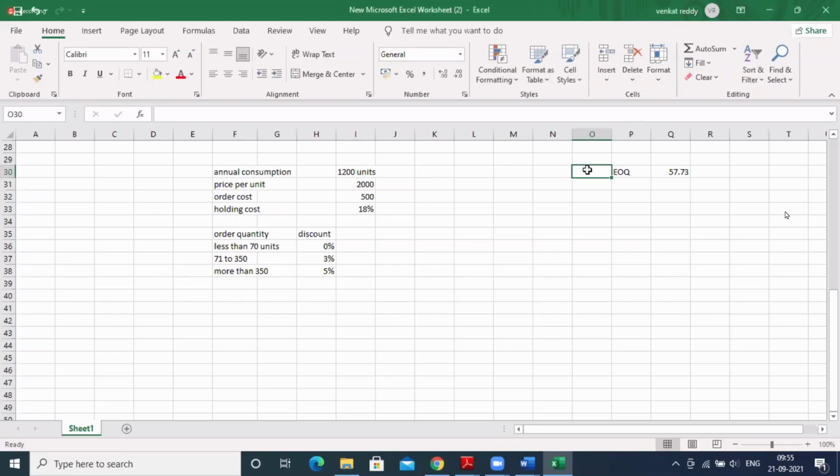So you're done with step 1, that is calculating the EOQ. Now step 2 is to calculate the total inventory cost at EOQ.